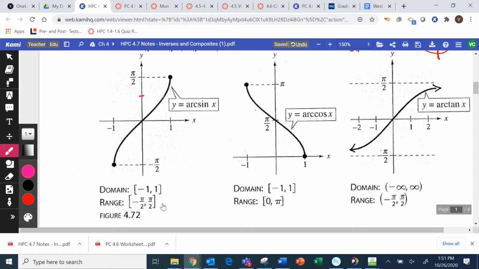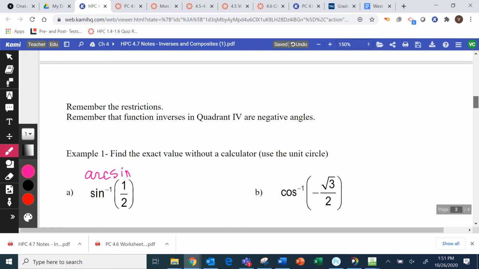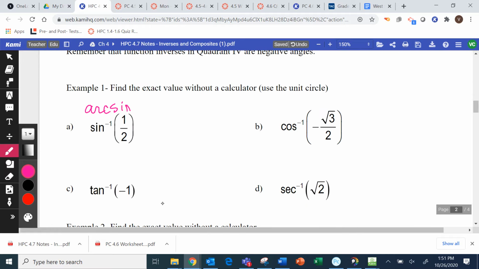What y value when the sine is a half? No, when the x is a half. I'm saying it totally backwards. Okay. I don't think I'm doing a good job of graphing it either. Anyway, so we're only finding the one value that fits within our domain restriction of negative pi over 2 to pi over 2.